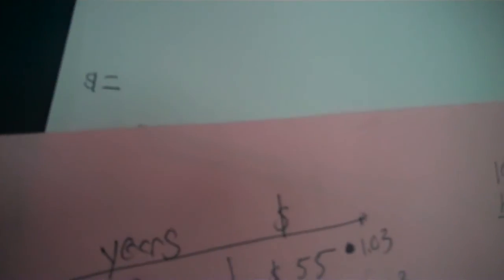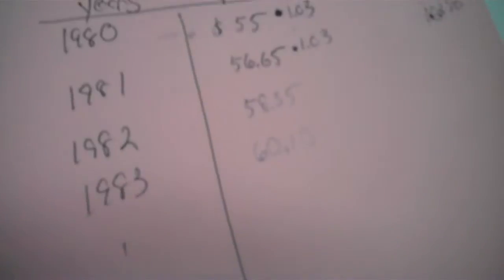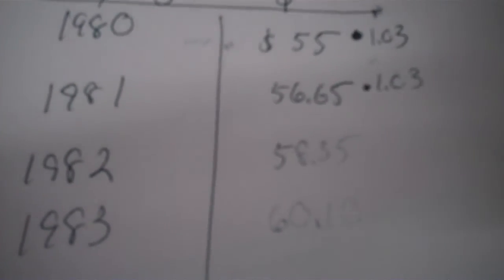Now I've got a long way to go before I get to 2005, which is what they want to know. So I think we're probably going to need a more efficient method than using this table, because I'm going to have to go 22 more times. So again, we said it wasn't a line because this is not increasing by a line, okay? The ratio, if you remember, here's how to prove it.